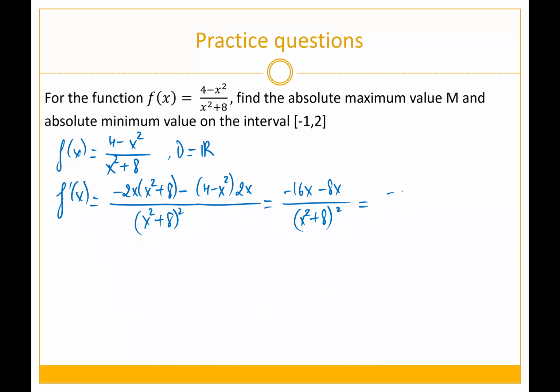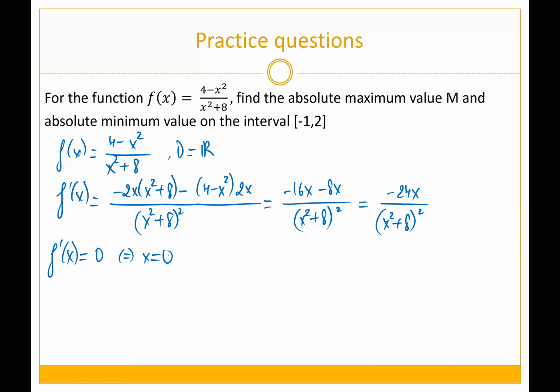So this is negative 24x over x squared plus 8 squared. Now again, the denominator is always defined because it's always a positive number. Then for the critical number, you only need to find the points where you have f prime of x equal to 0, or you have x equal to 0.